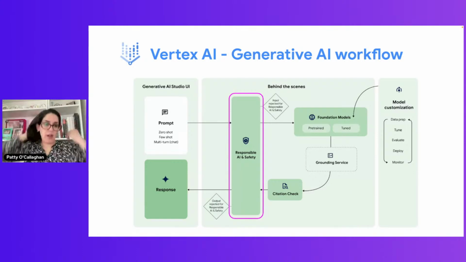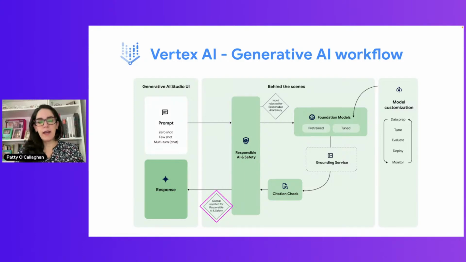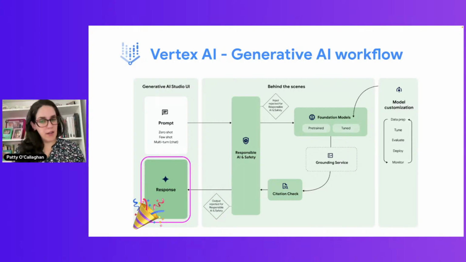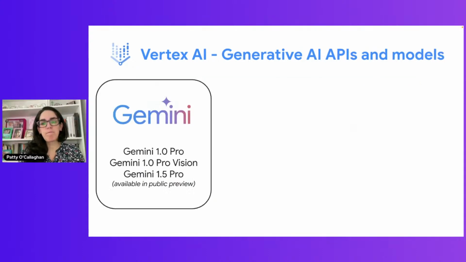If the response is valid, it will provide the response, and if not, it will say what I told you about. Then it checks the output, and gives the response back, and everyone is happy. Okay, so this is basically the workflow that we follow with Vertex AI.